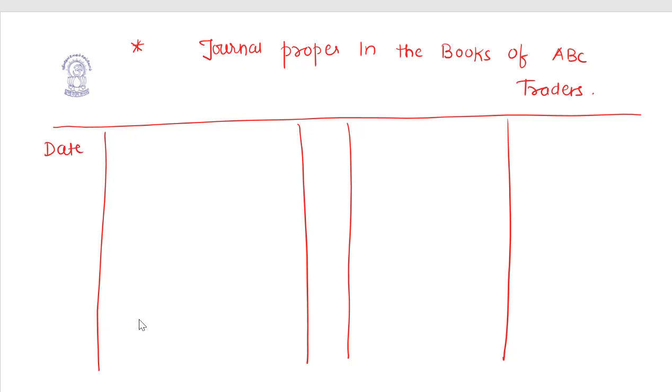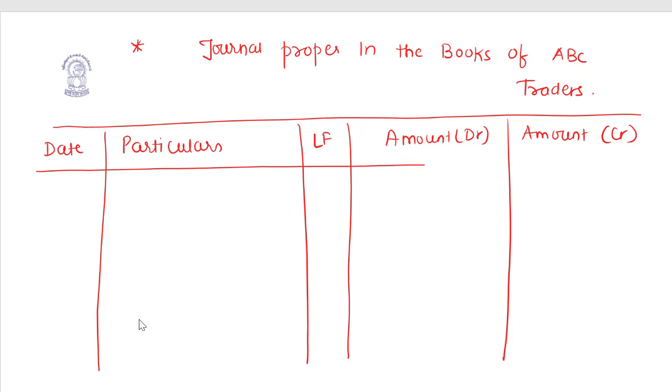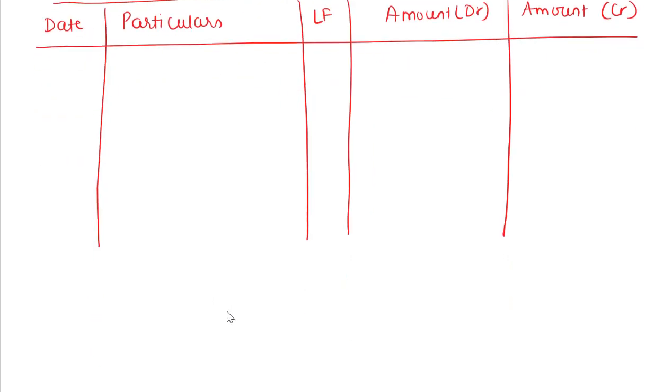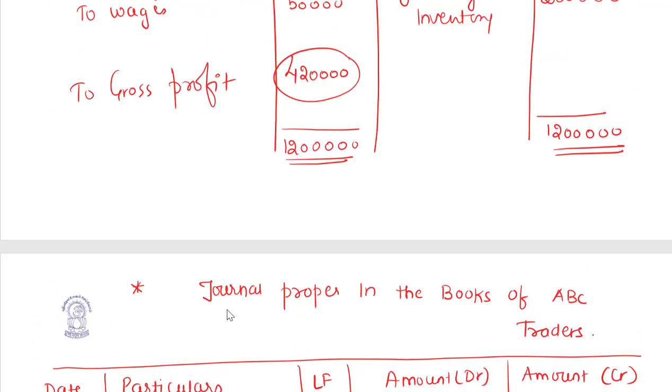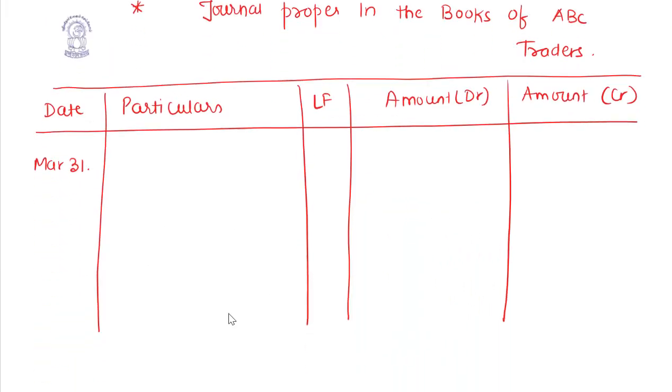Date, particulars, ledger folio, amount debit, amount credit. March 31st, 2016.